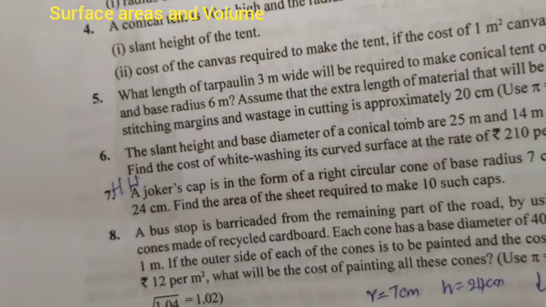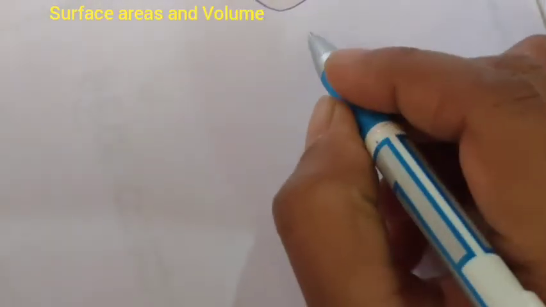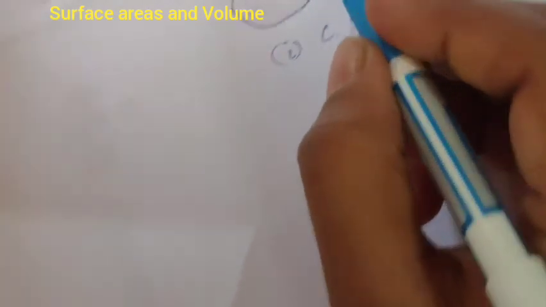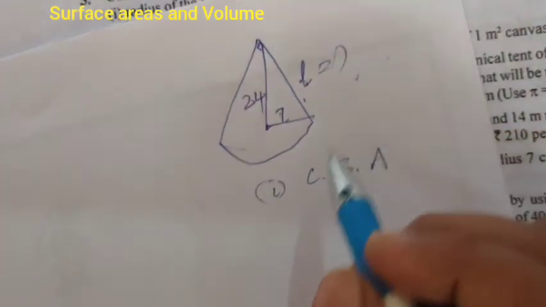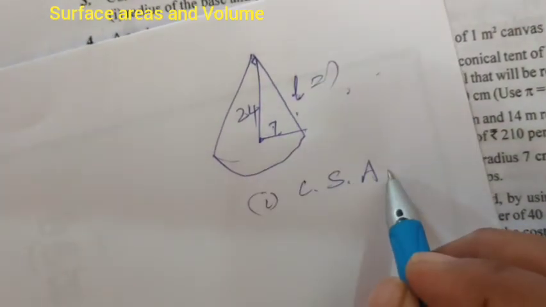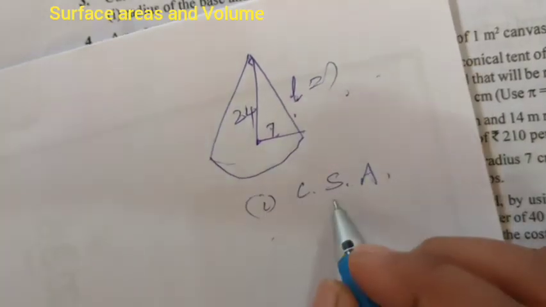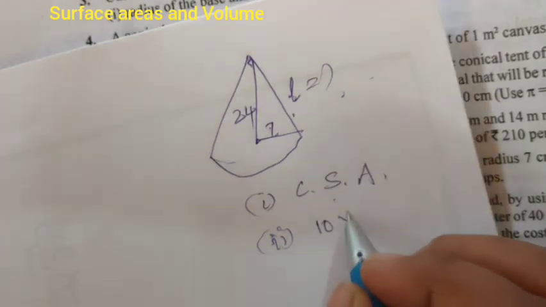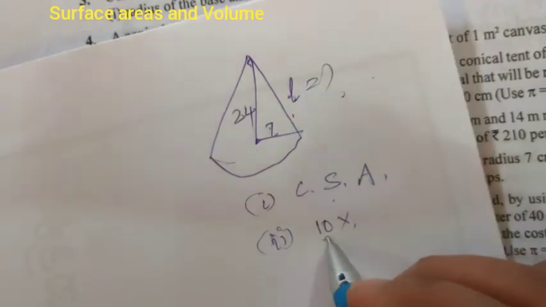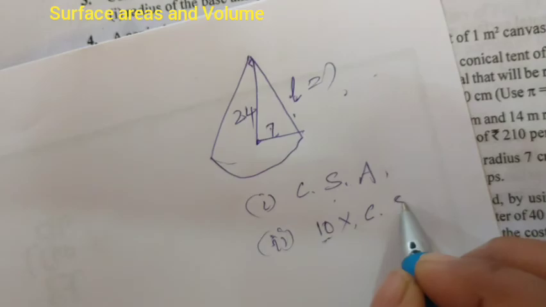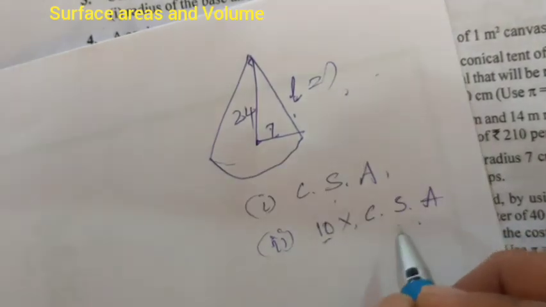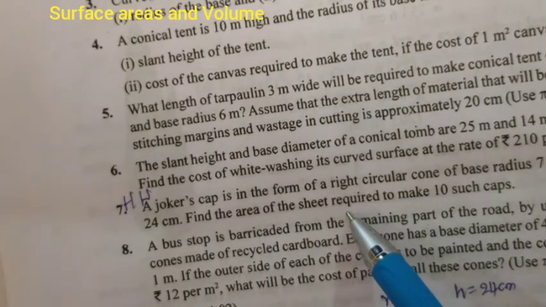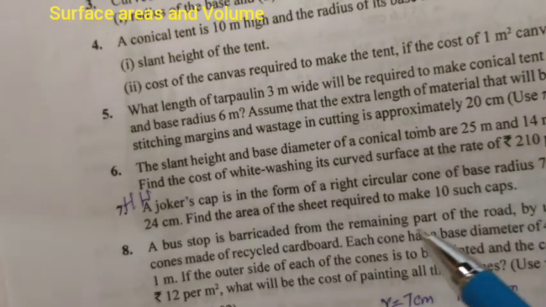So first we have to find l, and after finding it, you can find the curved surface area. Again, after finding this curved surface area, you can find the area required for 10 such caps. Means you multiply this curved surface area by 10. Then we get the total area of the sheet required to make 10 such caps.